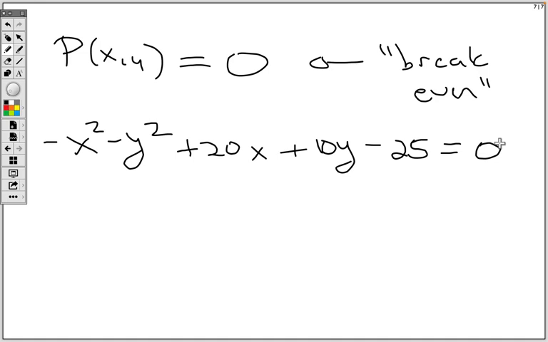So this will help us narrow down the region that we're looking at. So what kind of conic section do we have here? Is it going to be a circle, hyperbola, parabola, ellipse? How do you know?